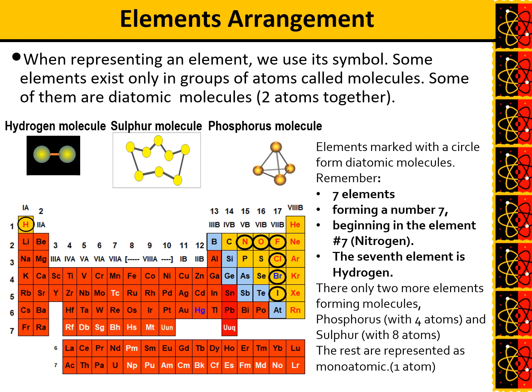So beginning at the number 7, I'm going to form a 7. Be careful, do not use the noble gases when you try to form the 7. So it's 1, 2, 3, 4, 5, 6, and the 7th element is hydrogen, that is here. This is just a mnemonic rule so you can remember how to represent them.